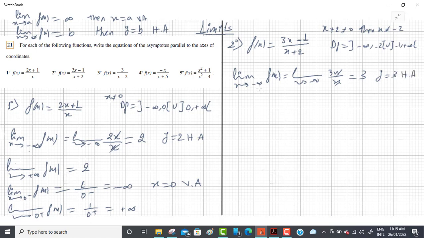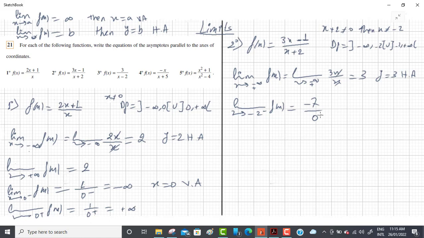Plus infinity is the same, so I'm going to write minus or plus infinity, it is the same. Now the limit as x tends to minus 2 minus of f of x equals 3 times minus 2 minus 1, that is minus 7, over minus 2 plus 2, that is 0. We have to determine whether it's 0 plus or 0 minus.